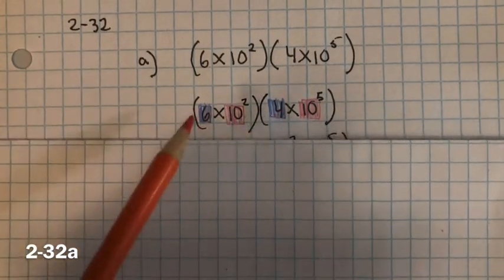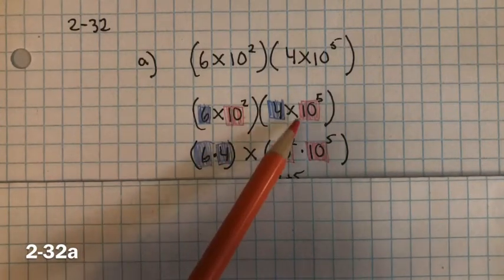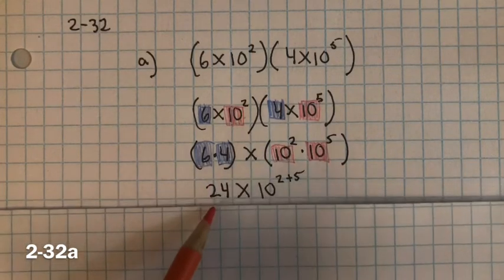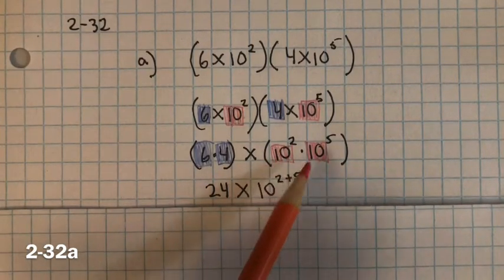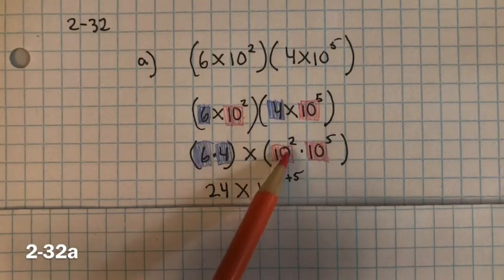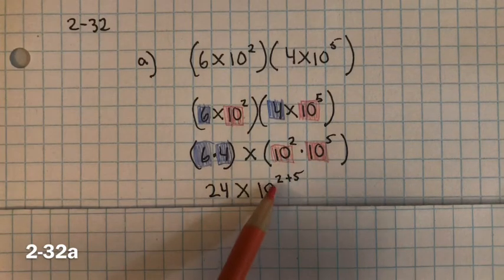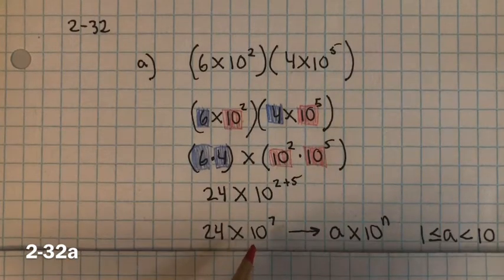So 6 multiplied by 4, and then 10 squared multiplied by 10 to the 5th power. 6 multiplied by 4 is 24. And remember, when you multiply exponents with the same base, you're adding the exponents. You have 2 10s that you're multiplying together and 5 10s. So 2 plus 5 is going to be 7.